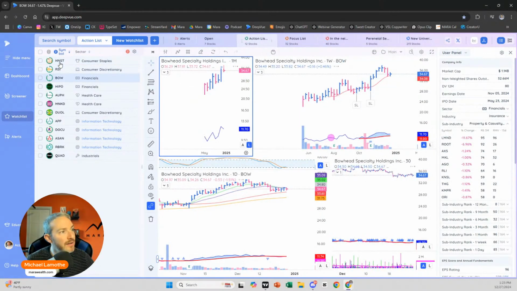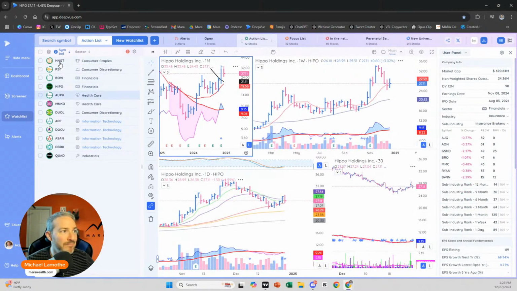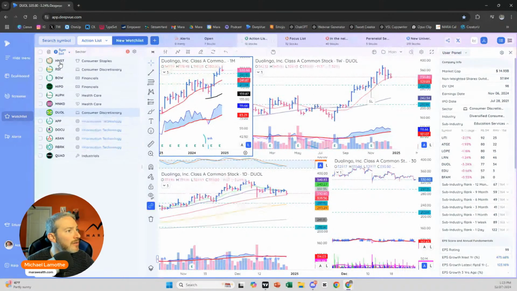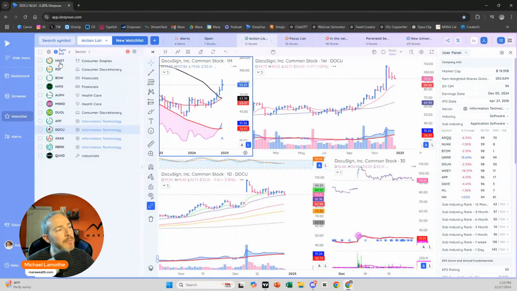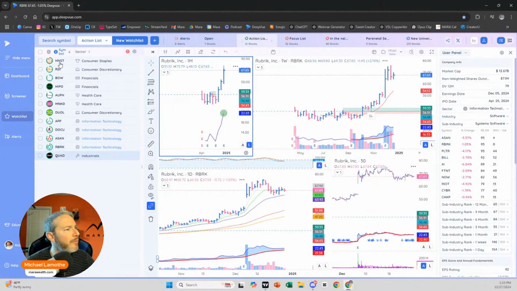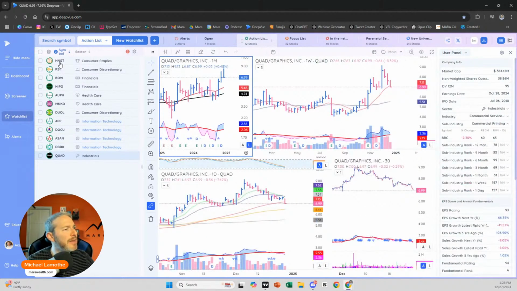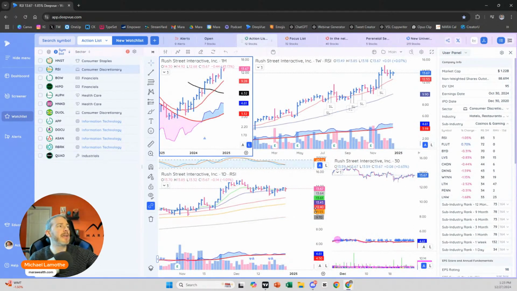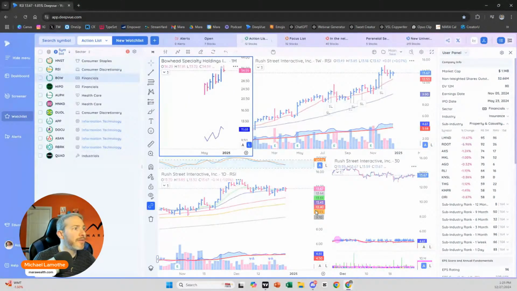And for today, none of them behaved well enough to trade. Many of them are still consolidating. I wouldn't really say that any of them, maybe QAD is the only one that's starting to fall apart here. But aside from that, all these look like they are still consolidating.